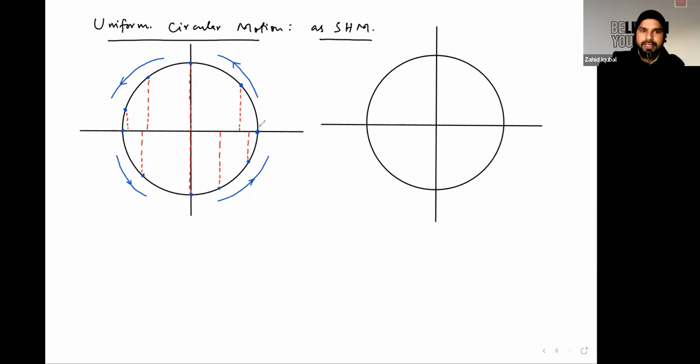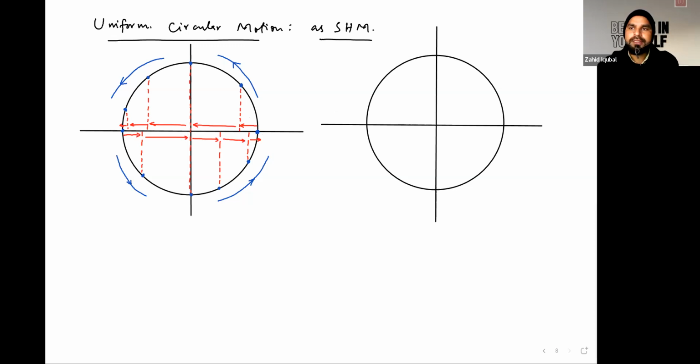It means the particle initially at this point, which is going along this way, further returns back, and we reach finally at this point.